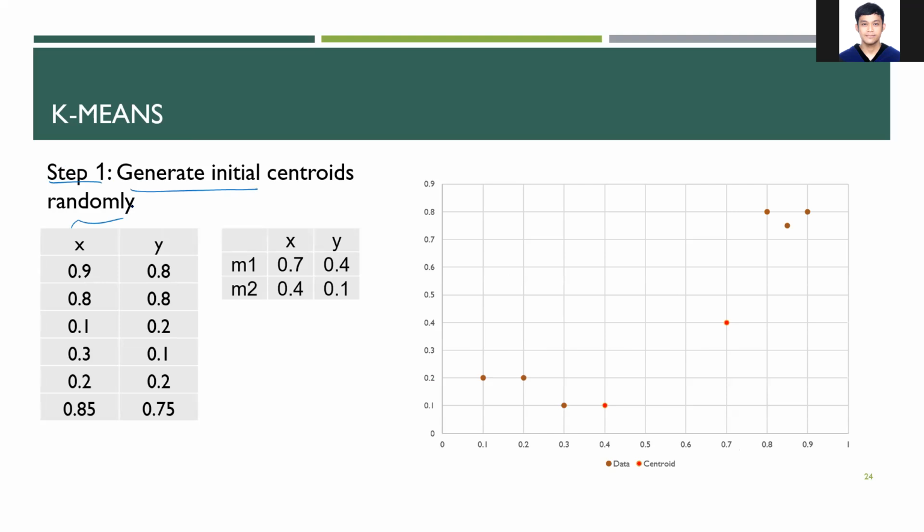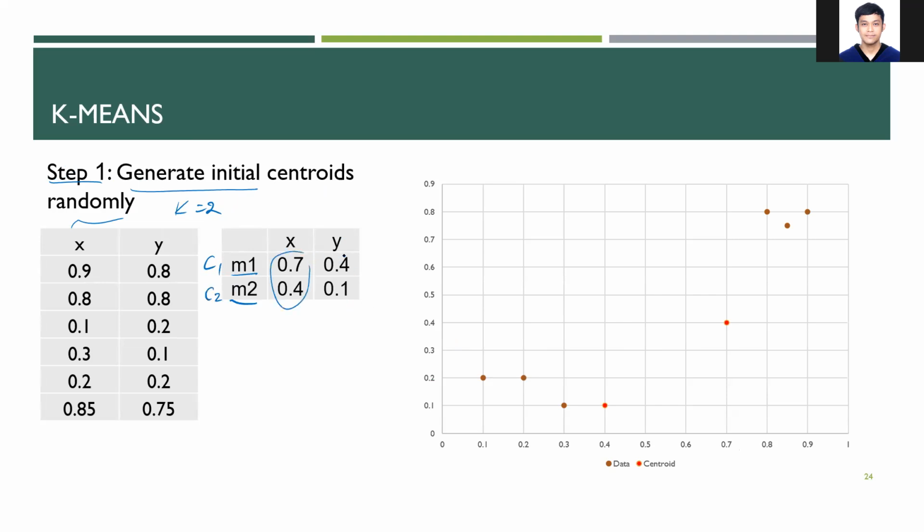Of course, it is random. I want to divide it into 2 clusters, so the number of clusters is 2 and we have to generate 2 centroids. For example, this is centroid 1 for cluster 1, and this is centroid 2 for cluster 2.